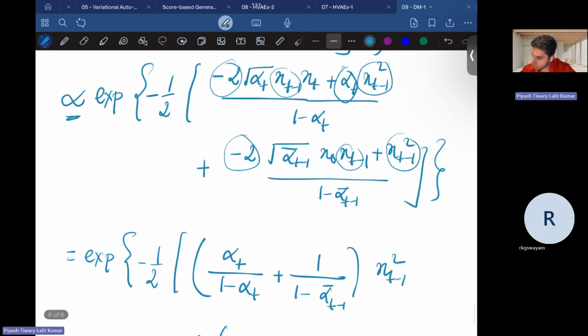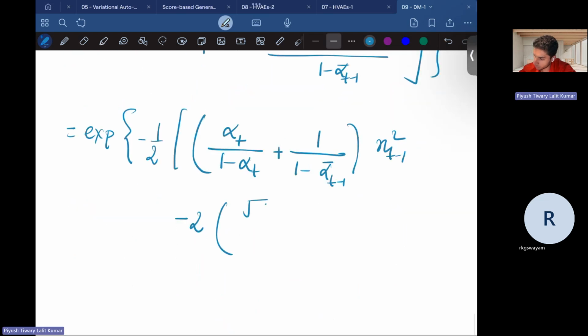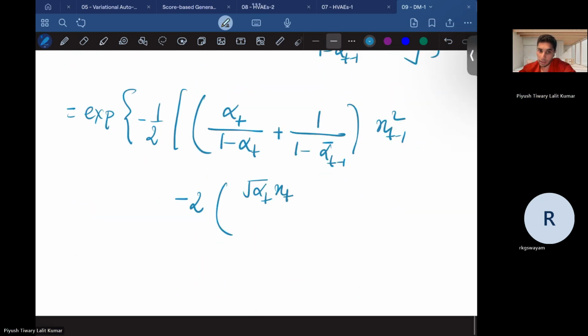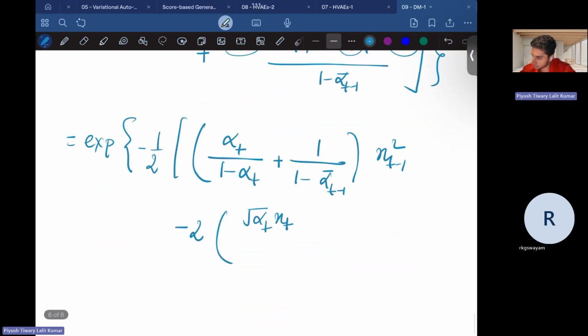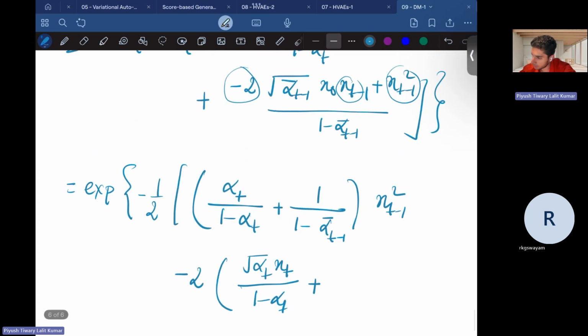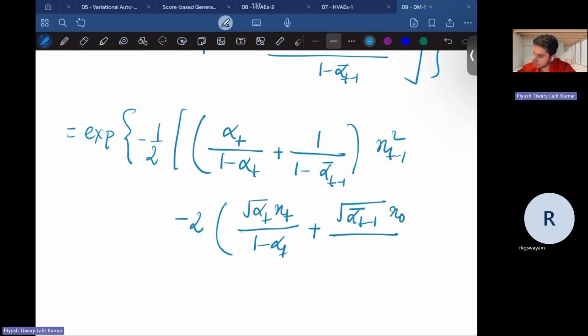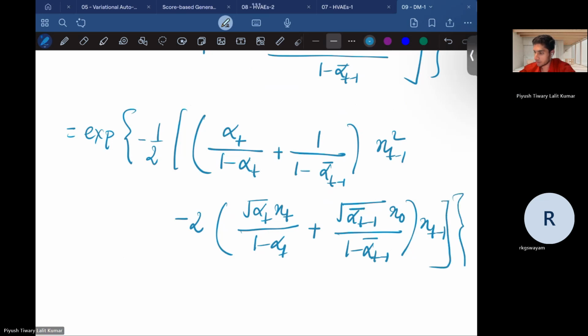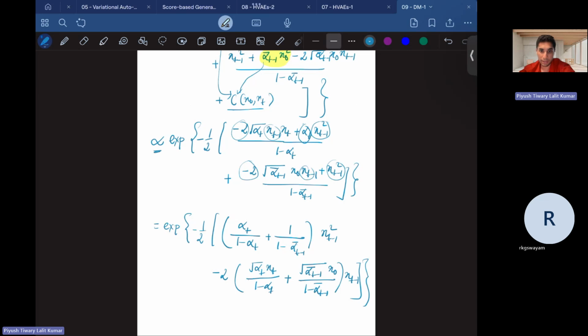That will be root of alpha_t x_t divided by 1 minus alpha_t, plus square root of alpha_{t-1} bar x_0 divided by 1 minus alpha_{t-1} bar, close bracket, x_{t-1}. I'm just doing some simplifications. That is all. Is this clear?